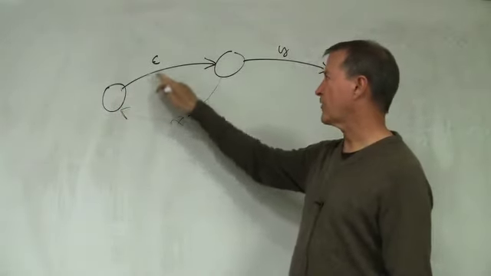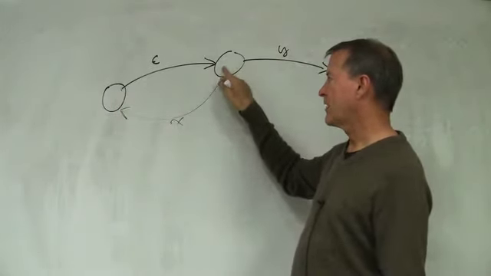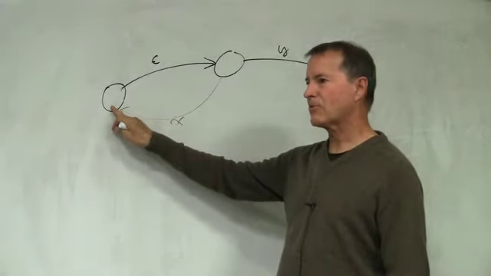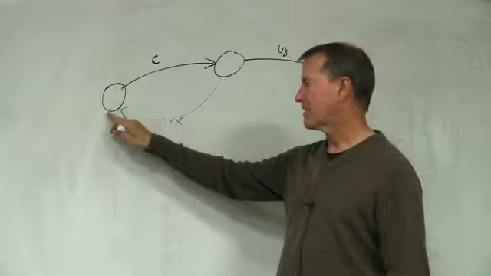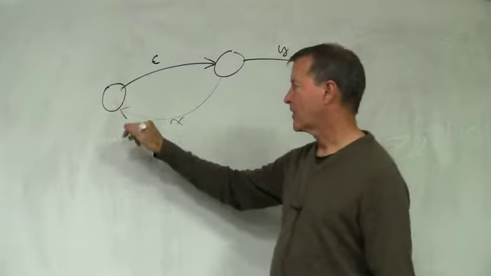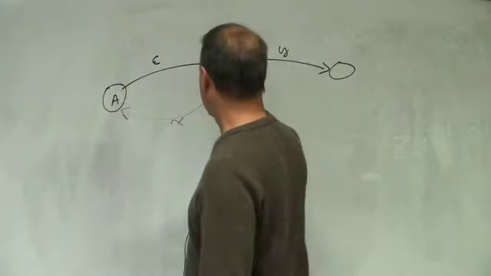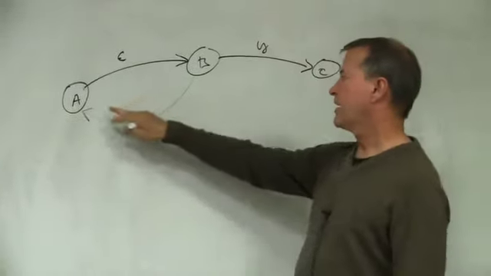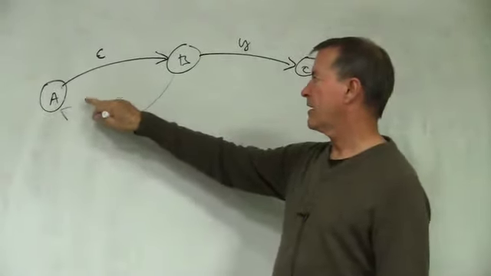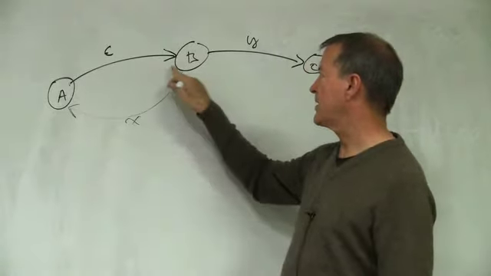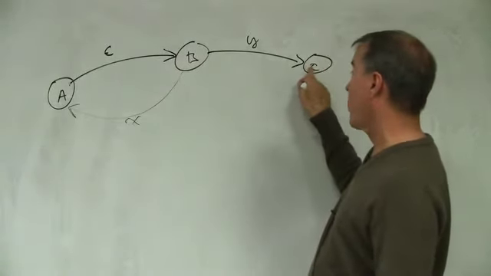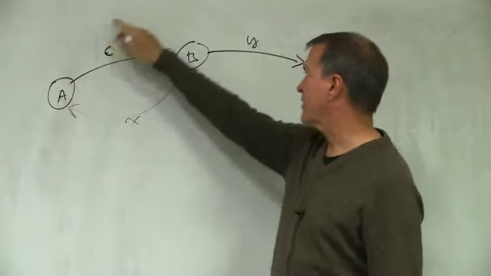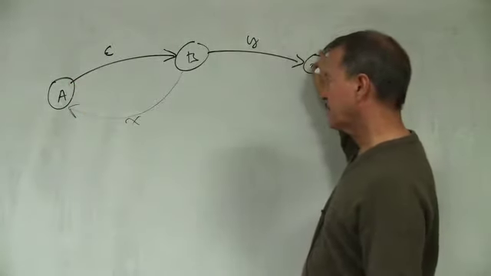If you could go from here to here on the empty, and then from here to here on x, that's the same thing as going from x to x. Let's call this A. Instead of going from A to B on the empty and B to C on y, that's the same as going from A to C on y.